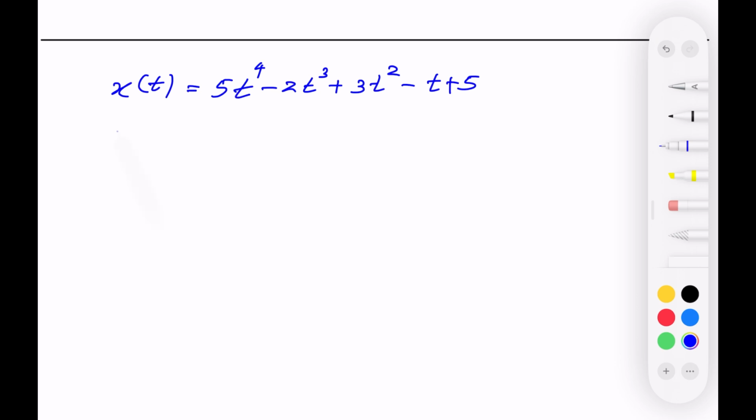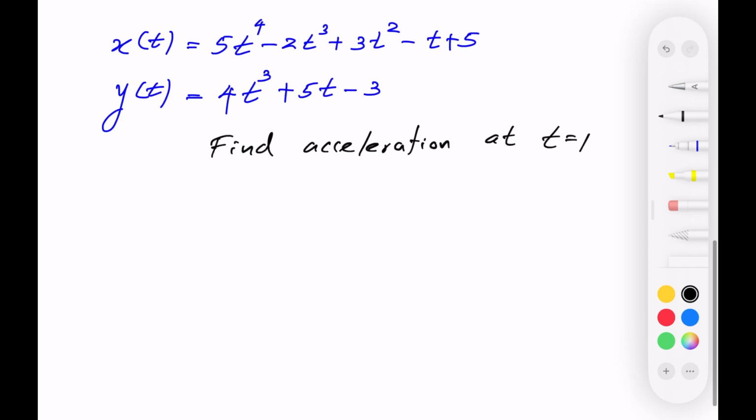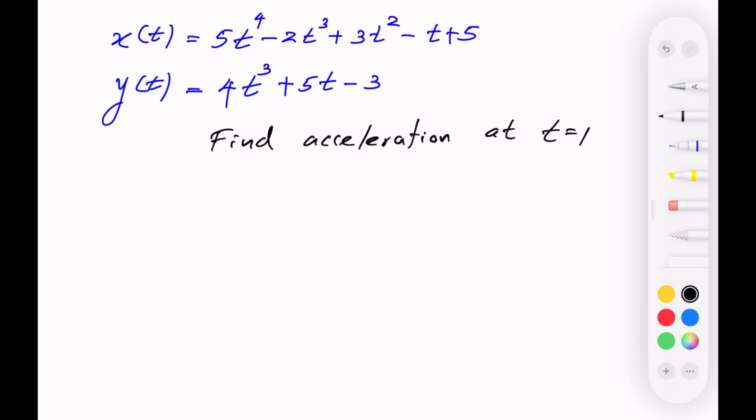Let's say the y-coordinate at a time t is given by 4t raised to the third power plus 5t minus 3. Find the acceleration at time equals 1. The units are not given, therefore I don't know the units of the final answer.